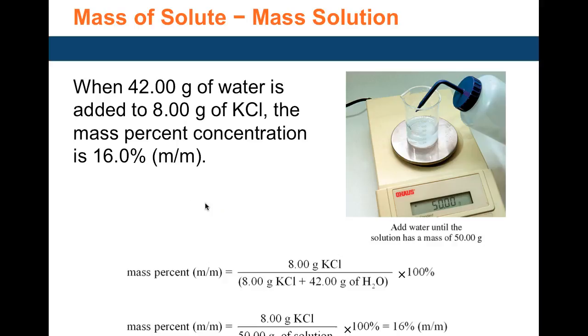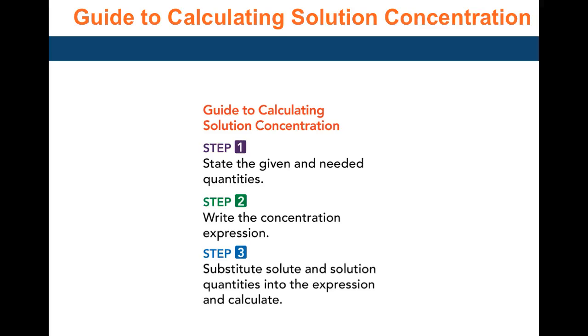So here, going back to the example of the potassium chloride, if you have 8 grams of potassium chloride and 42 grams of water, so you initially weigh out your 8 grams and add enough water till the mass goes up on the scale to 50, all right. So 8 divided by 50 times 100, and that's a 16% mass by mass potassium chloride solution.